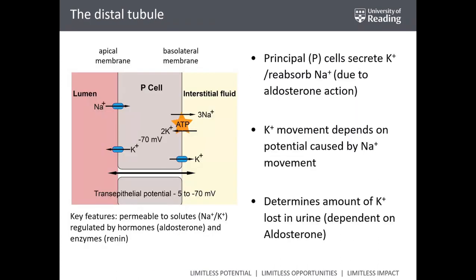So let's look at it in more detail. The epithelial cells in the distal convoluted tubule are called principal cells, and they secrete potassium and they reabsorb sodium. And this is due mostly to the action of aldosterone.